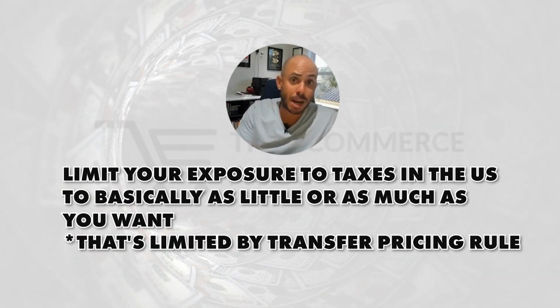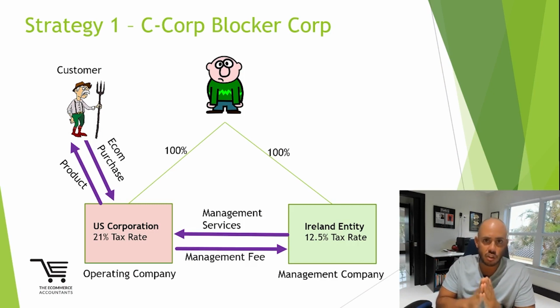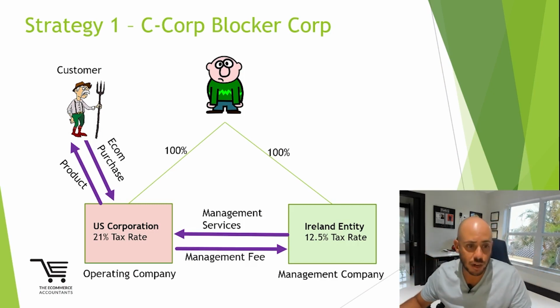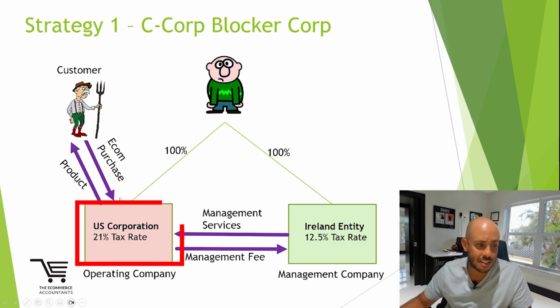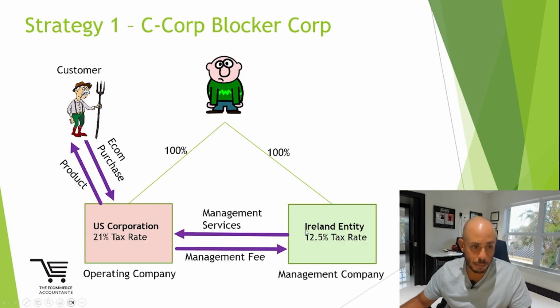Again, that's limited by transfer pricing rules, obviously, but this is intended to split up your tax risk. So essentially what's happening is this company generates income, but the way you get it out of the US is basically there's another company overseas that gets compensated for management services. This company provides management services and in turn gets compensated a fee.